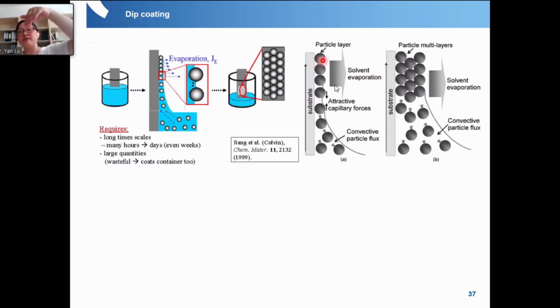The capillary force will bring the particles to the edge of the film, and then it will form homogeneously deposited colloidal particles on the substrate. And depending on the concentration of the dispersion you use for dip coating, of course, you can form either single-layer films or multi-layer films.